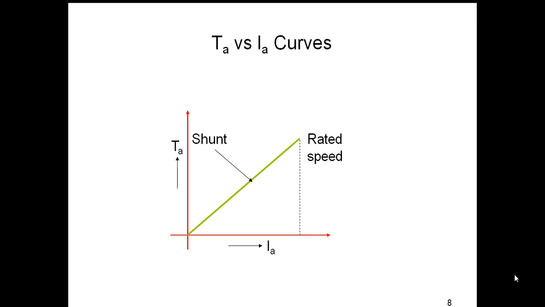There, the characteristics will be linear because TA is directly proportional to IA. And whereas for a series field winding, the curve will be like this.